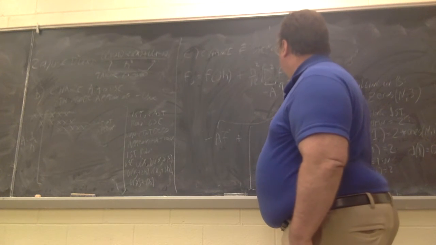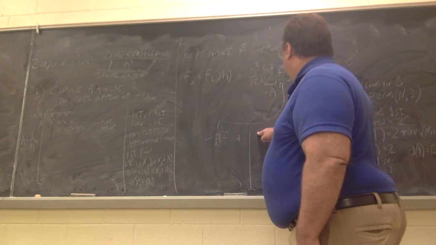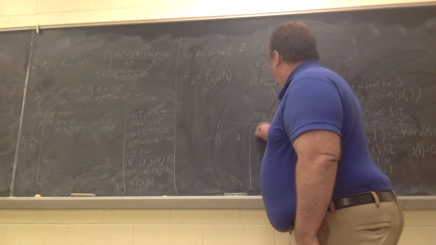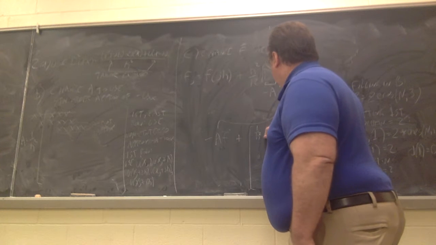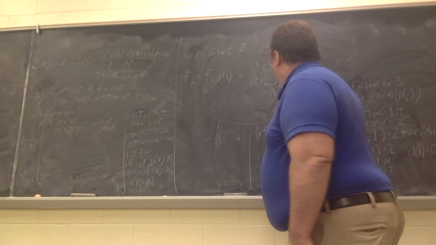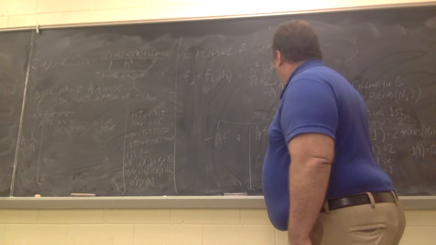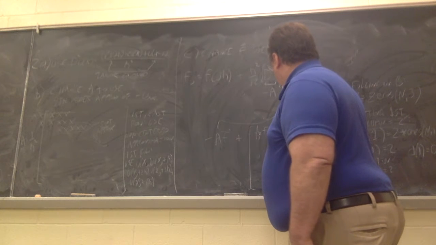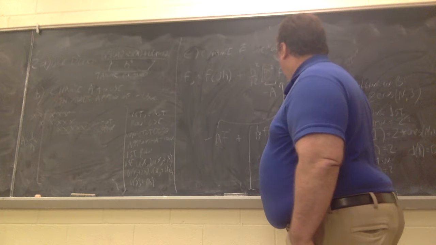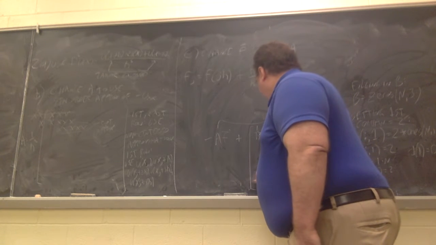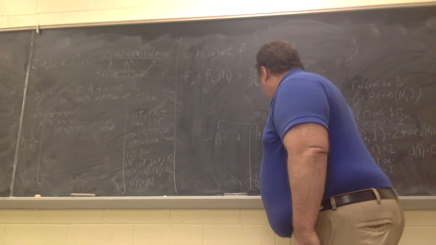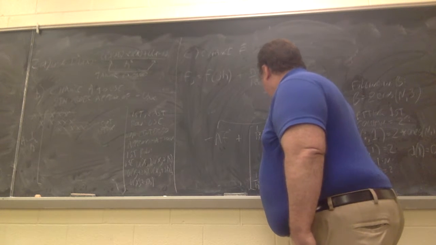So you're going to add on 1 over h squared f of x naught, or really it's f of 0. And then nothing in between. And the last element, you're going to add on 1 over h squared f of 1.